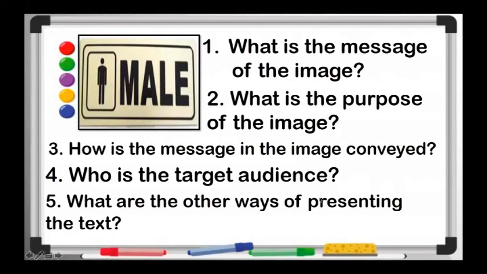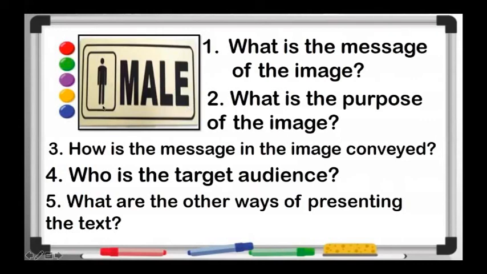And what are the other ways of presenting the text? What can you do to present the text better? You can add more details, you can add more icons, or you can be more specific, saying this is only for male, or this area is only intended for males. Those are the other ways that we can use to present the text.